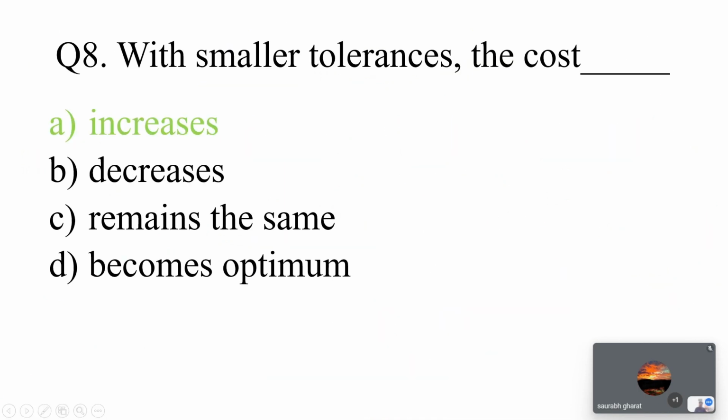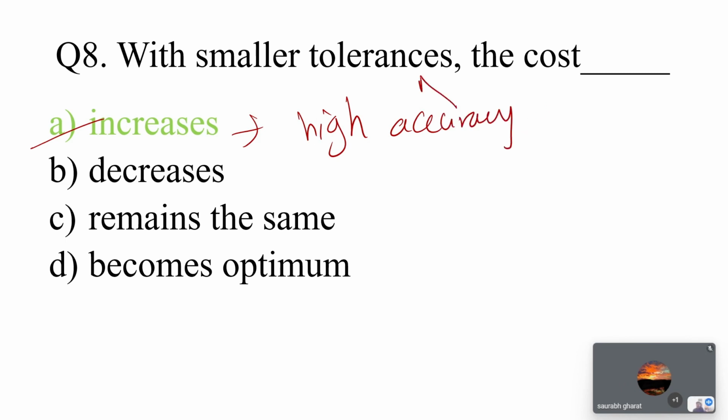Eighth question: with smaller tolerances, the cost will increase. It's very obvious because we use high precision, high accuracy machines for small tolerances, due to which the machining cost will increase.